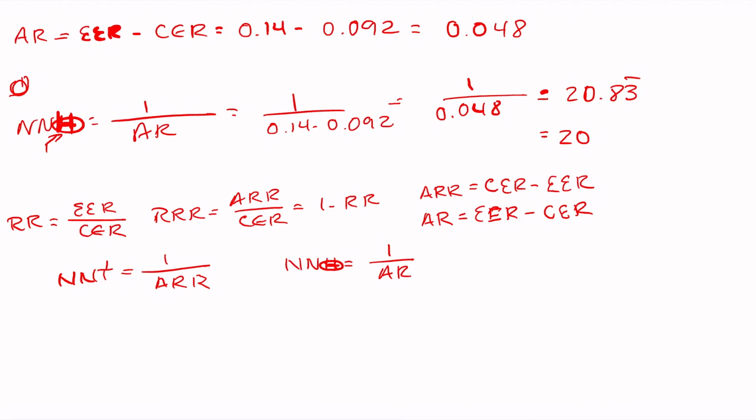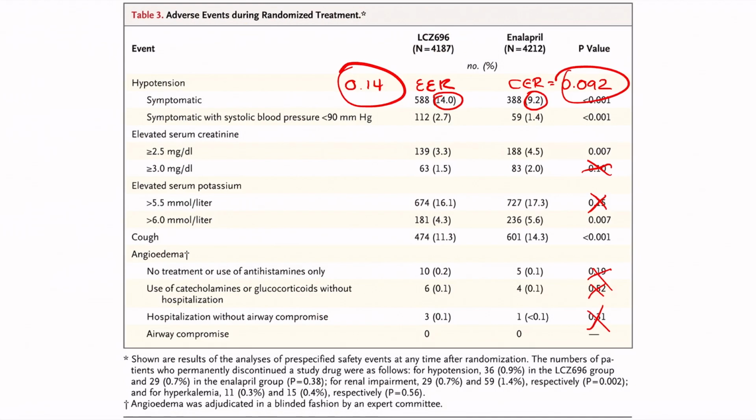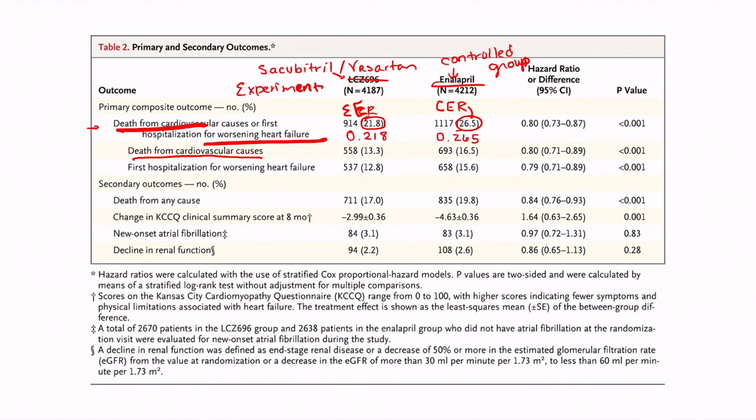If you want some extra practice, you can always go back through and try to calculate them on some of these other values, such as systolic blood pressure of less than 90, or going back to this, you can always calculate on any of these outcomes that are statistically significant.